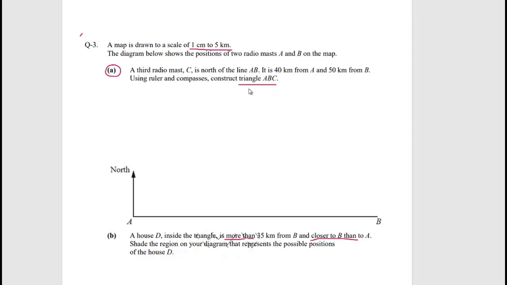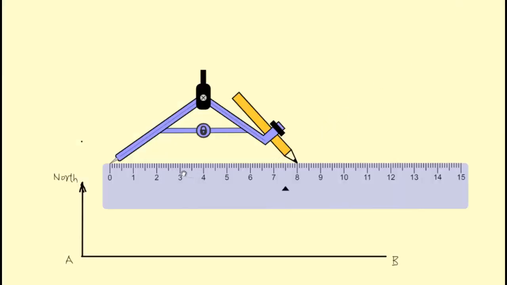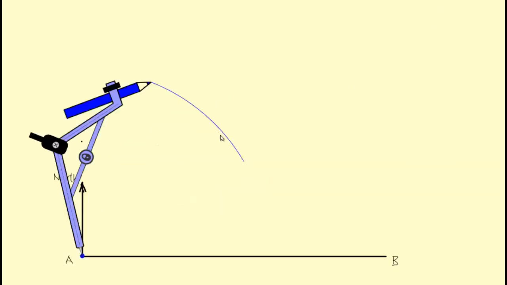Now with the help of this information, we have to construct triangle ABC so that we will find the point C where we have to put mast C. The point C is 40 km from A. According to this scale, 40 km is 8 centimeters. Now we have to draw an 8 centimeter line from A. Open the compass 8 centimeters wide. Draw an arc.